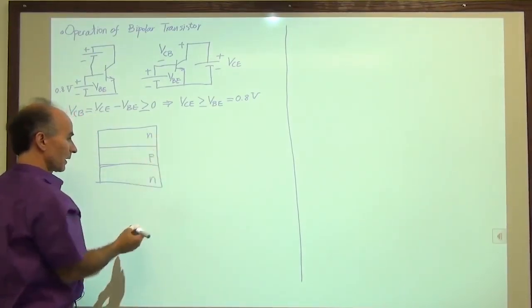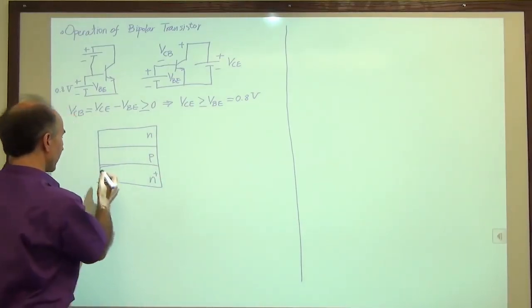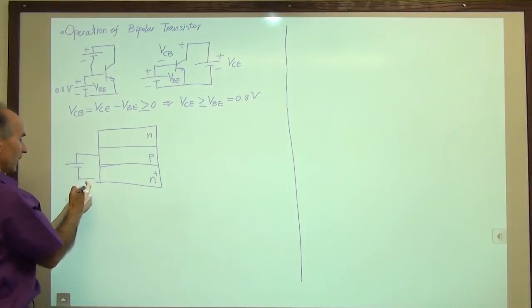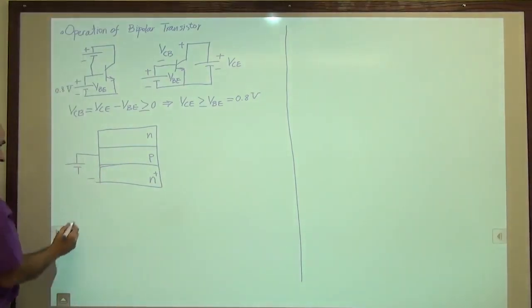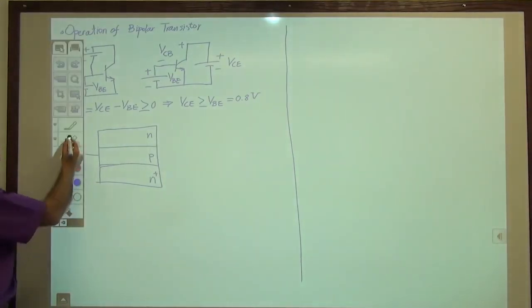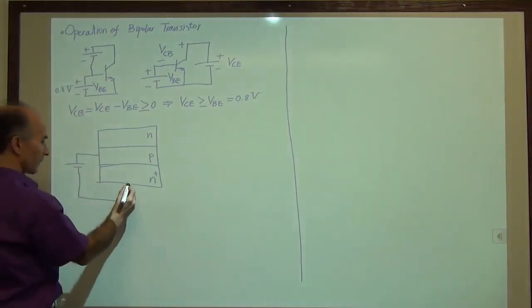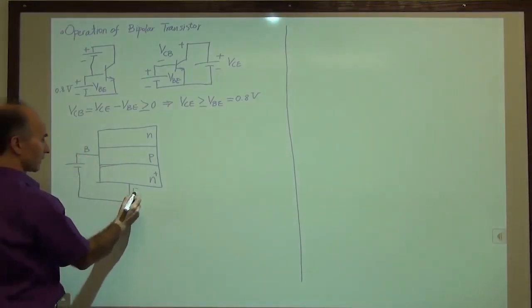We said that the emitter is heavily doped, so we call it N+, and we have a battery connected between the base and the emitter. So I have to erase this and go back here. All right, so we have a battery connected between the base and the emitter.